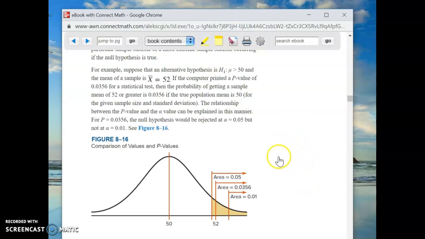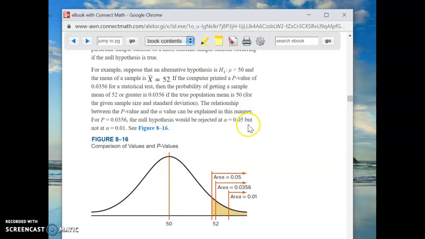So in a situation like this, the computer kicks out 0.0356. What you say to yourself is, okay, it could have happened by random chance that the X bar is 52 when the mean of the population is 50.